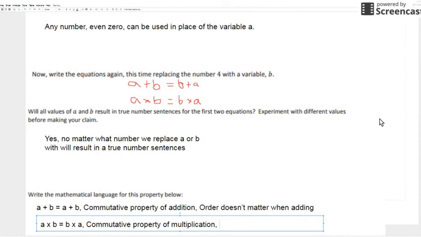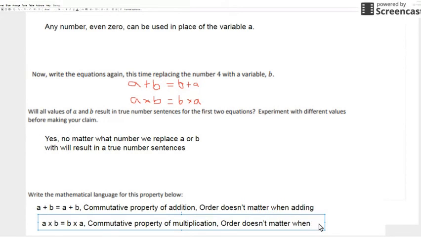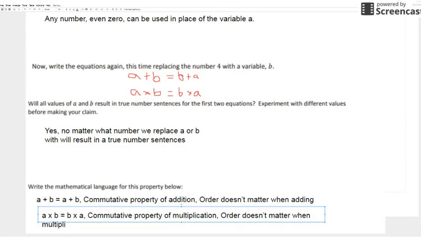Just like with addition, when commutative property talks about order, order does not matter, and now we're talking about multiplying.